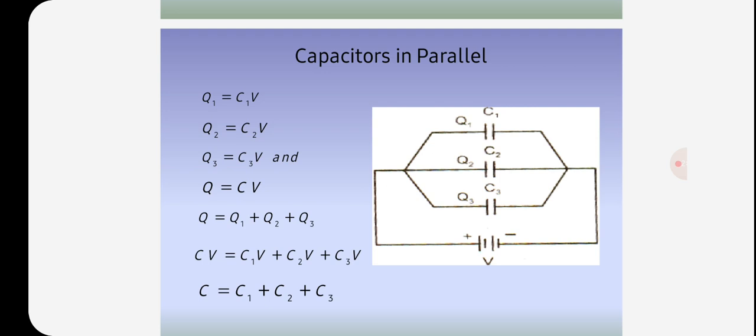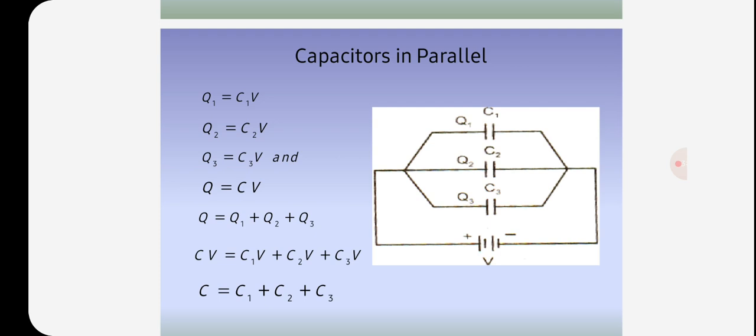In general, if n capacitors are connected in parallel, then C equivalent is equal to C1 plus C2 plus C3 plus so on up to Cn, that is equal to the sum of Ci from i equal to 1 to n.